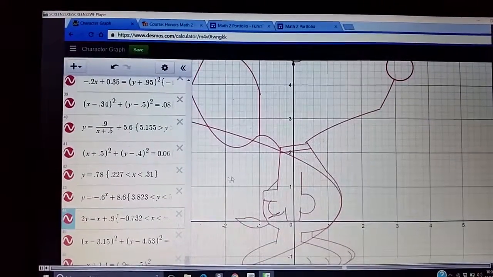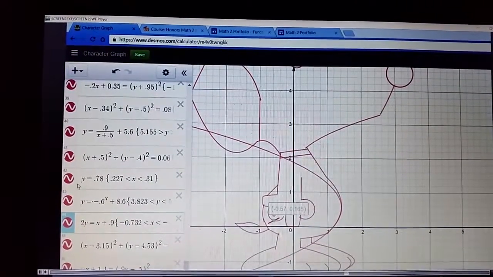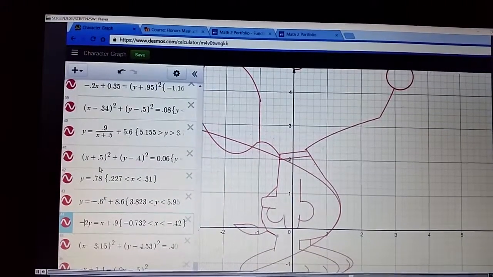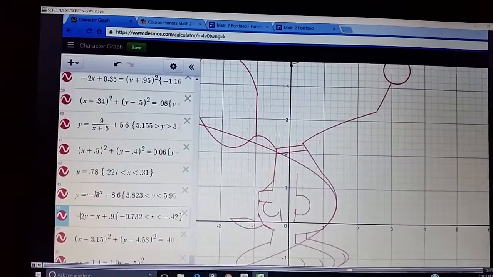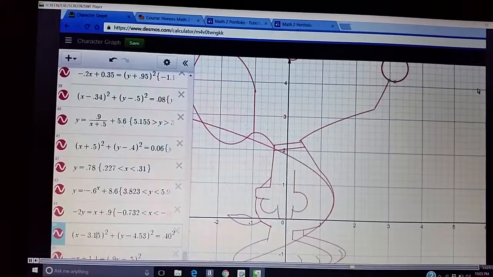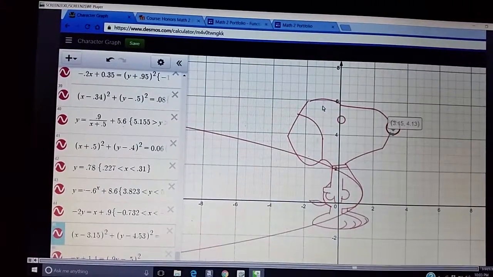It was originally 2y, and it was up here, but I made it negative to fit the area below his tail down here.